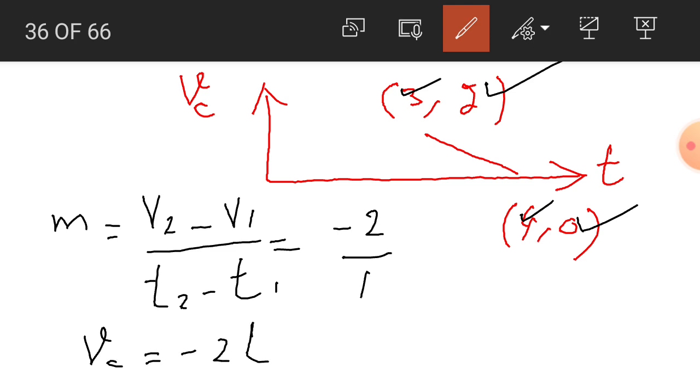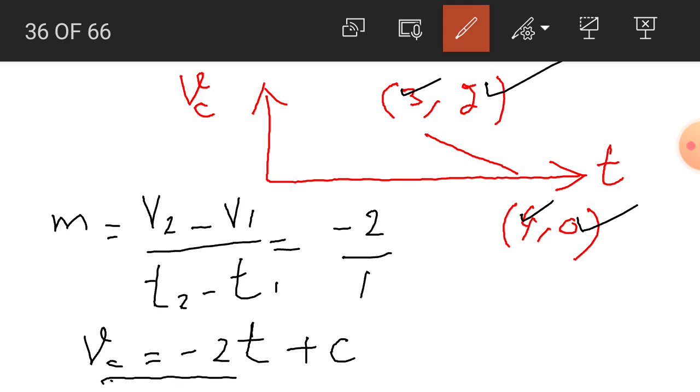We have calculated the slope now, which is minus 2, and we need to calculate c. In order to calculate c, you see, this line consists of points, and all the points will satisfy this particular equation.